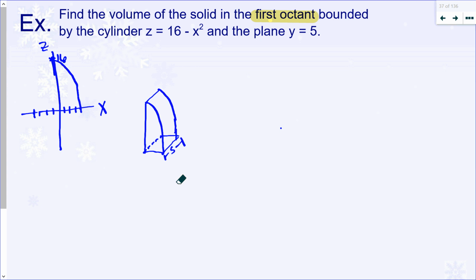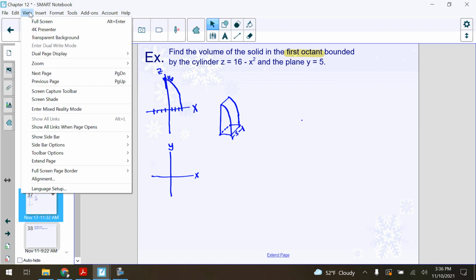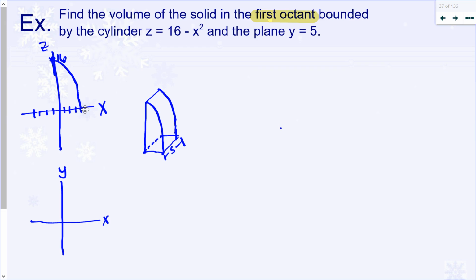And if we consider the shadow on the xy plane now, we know that our x varies from 0 to 4, because that's how much it's going to vary here. And then that's how much it's going to vary on the xy plane, 1, 2, 3, 4.